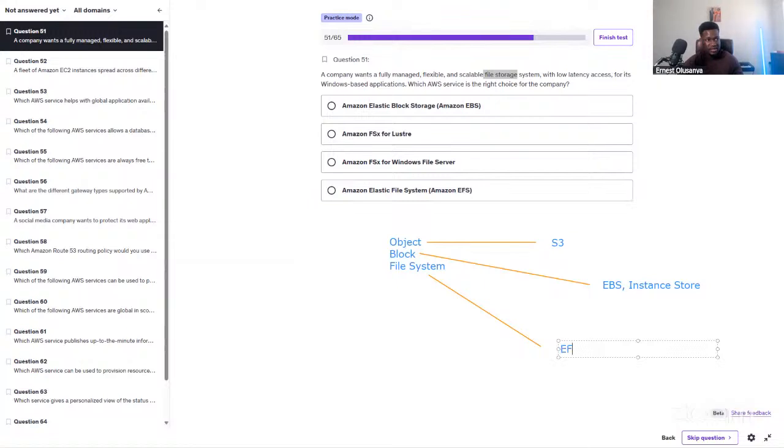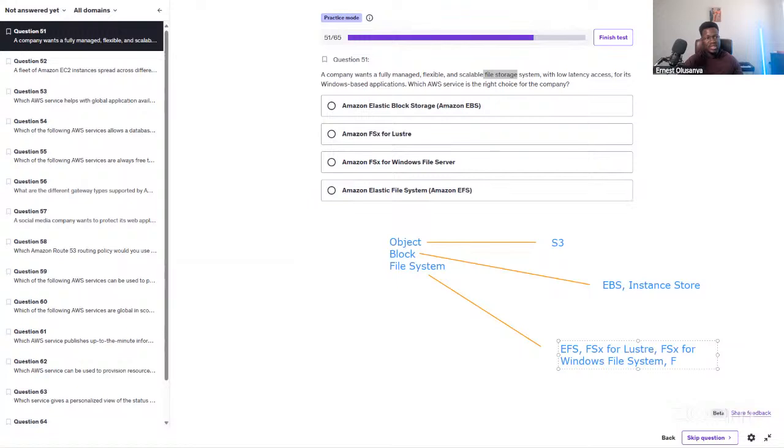You have EFS, we have FSx, different kinds of FSx. We have FSx for Lustre, which works with Linux-based systems. We have FSx for Windows file system, obviously for Windows.